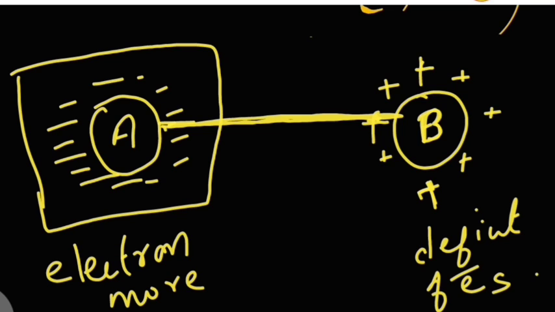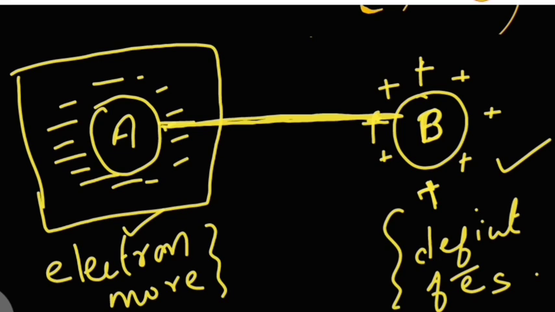So the concentration of electrons is different: A is having more concentration of electrons and B is having less, or maybe you can say B doesn't have any electron. Since there is a level difference for the electrons, what will happen?